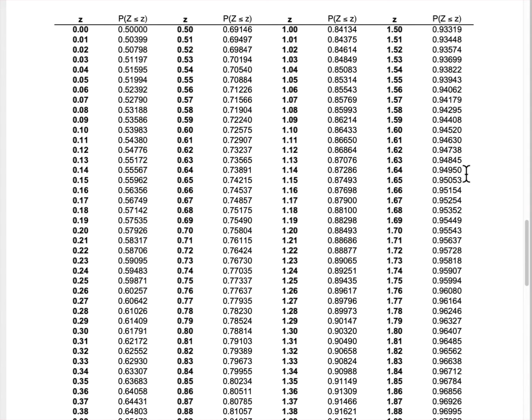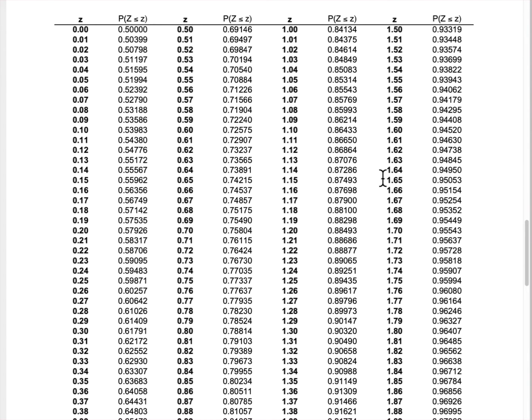because we're going to be using this value so often, for example, when we're constructing 90% confidence intervals, and we'll also be using this z-value in the context of hypothesis testing for our critical points, we're going to go ahead and get a better z-value than either 1.64 or 1.65.